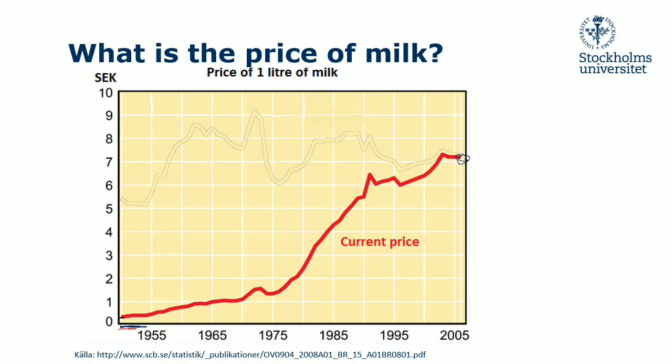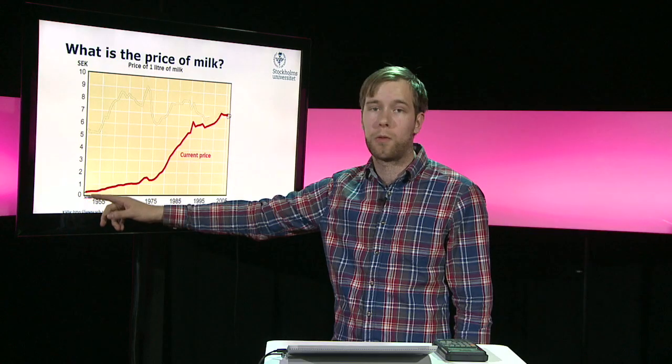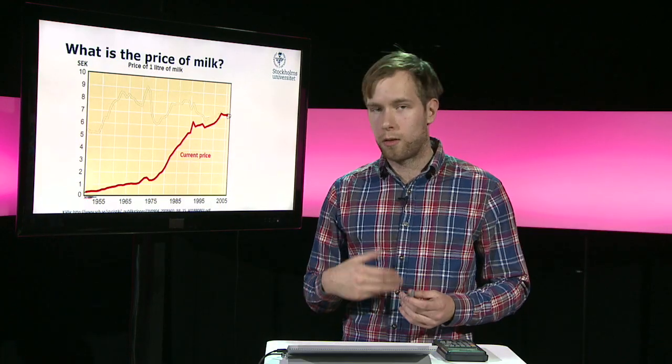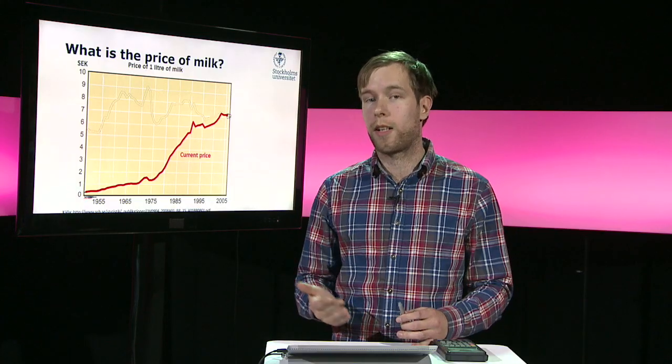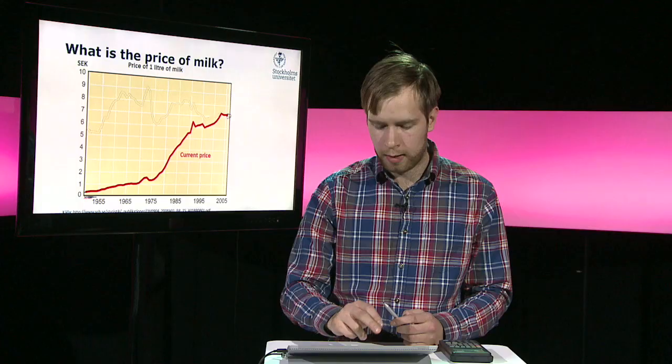So obviously, it would seem milk must be much more expensive for people today than it was in the beginning of the 50s, right? Because milk costs 7 crowns now compared to only a few öre many years ago. But that's when we do not account for inflation, because the general price level has increased, and as it does, so did people's salary.